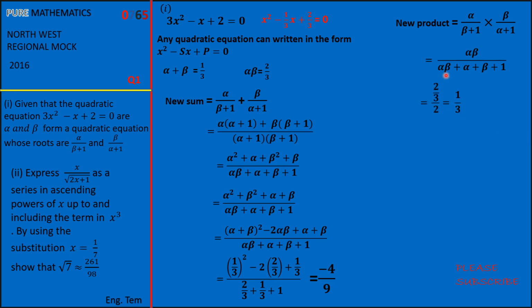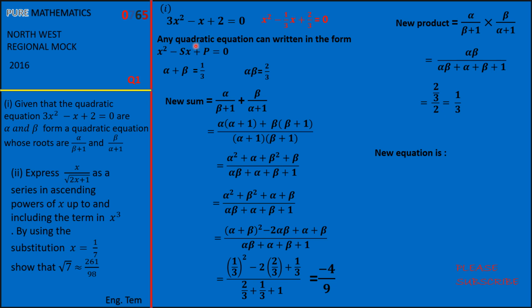So at the numerator, we have alpha beta, which is 2/3, and then alpha at the denominator, when you substitute everything as we had here, you just come and put the answer there, and when you simplify all of this, it will give us 1/3. So our new equation now will be what?